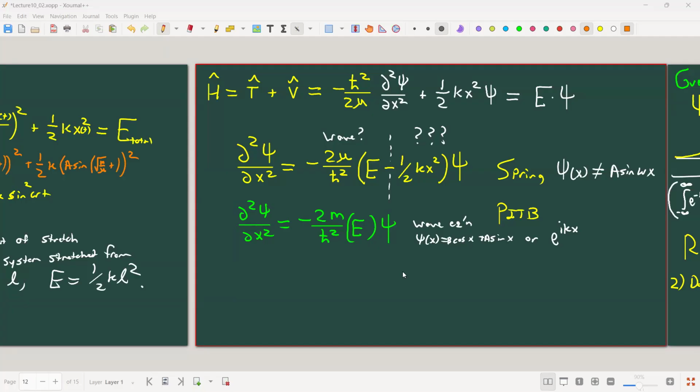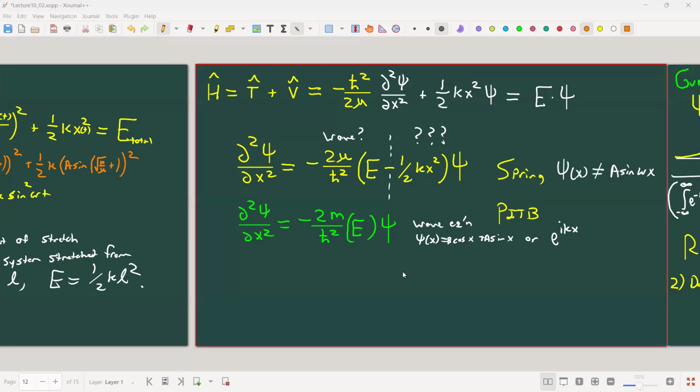What I talked about at the end of the last class was that in some sense, if you ignore this, they're exactly the same. So there's a wave-like property in our spring. The wave function is a wave function. It behaves exactly like we expect a traditional wave with no potential to act. But there's this additional fudging factor due to the potential. Okay, so I expect that there's some wave-like behavior here, but the actual behavior is not pure wave.